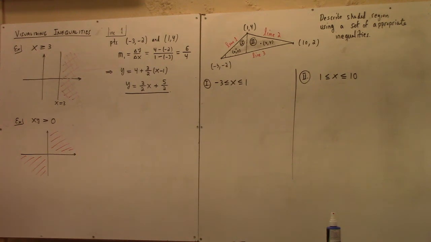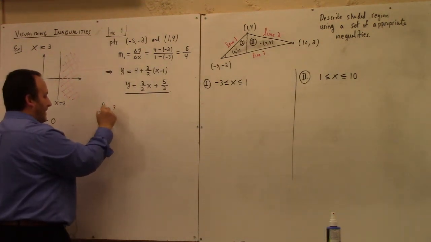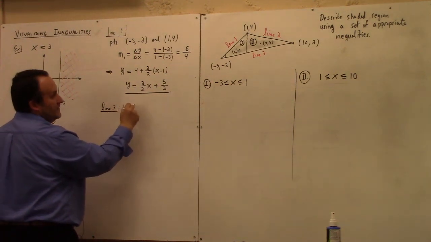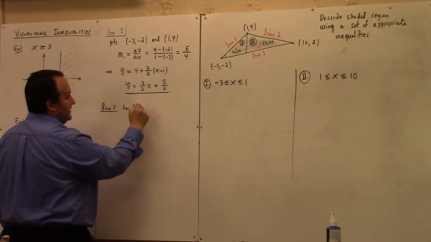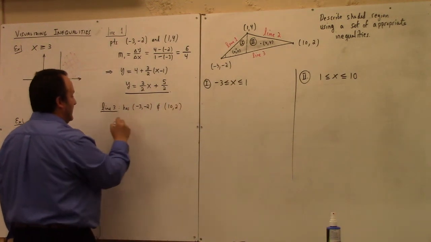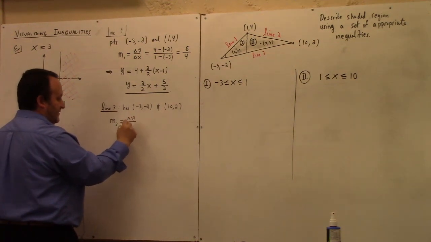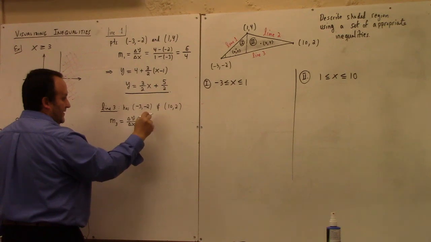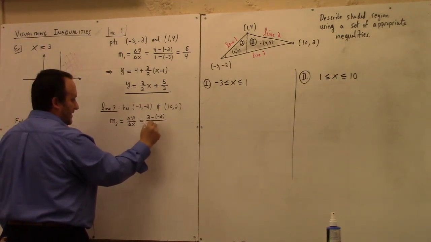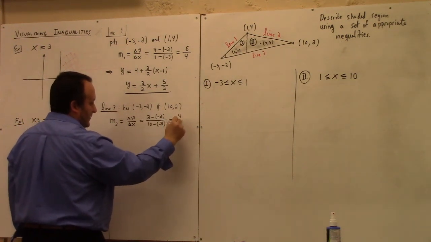What's the equation for line 3? It has, line 3 has (-3, -2) and (10, 2) on it, right? So the slope, delta y over delta x, rise over run, would be 2 minus (-2) divided by 10 minus (-3), which I think is 4 over 13.